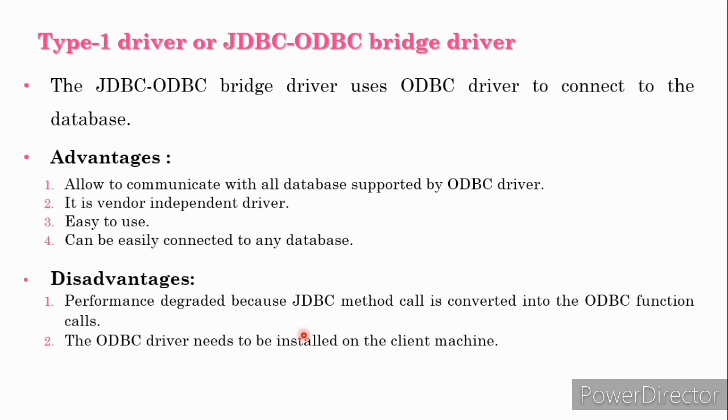This driver uses the ODBC driver to connect to the databases. It converts JDBC method calls into ODBC function calls. This is now discouraged because of the thin driver, and Oracle does not support the JDBC ODBC bridge driver from Java 8.